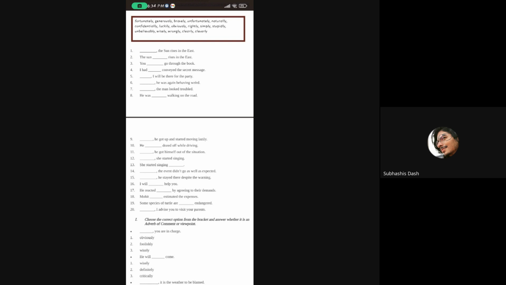These are called sentence adverbs because they take the whole sentence under their ambit, under their scope. So viewpoint adverbs, based on their position in a sentence, you'll always find at the beginning of a sentence.